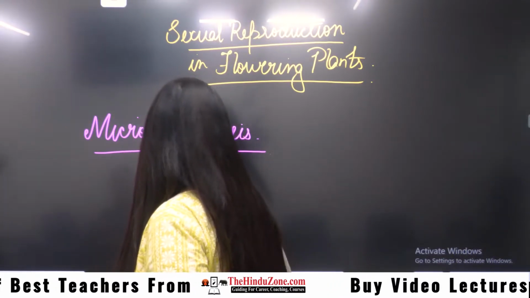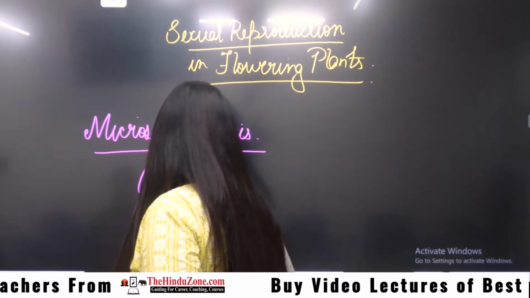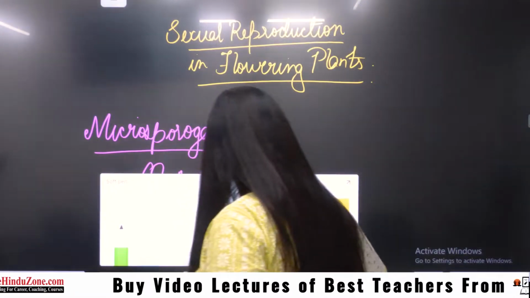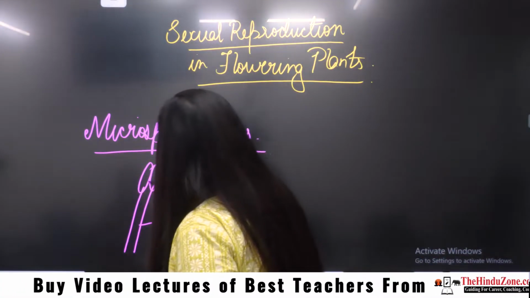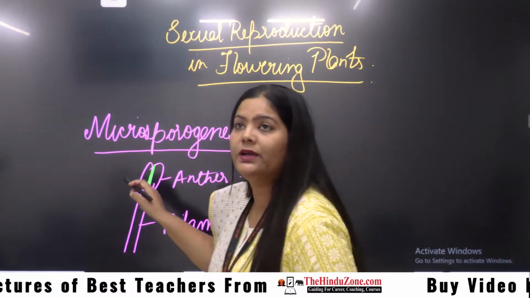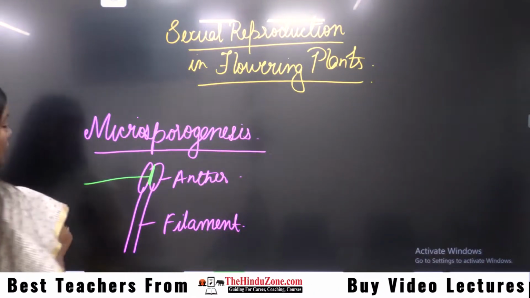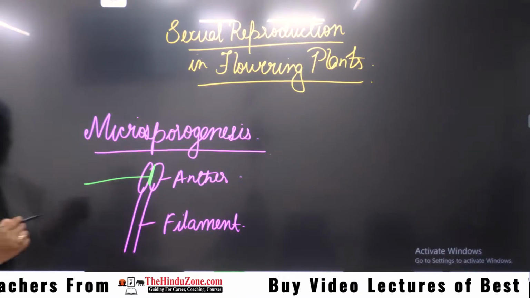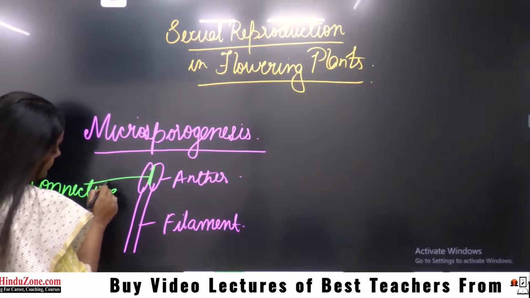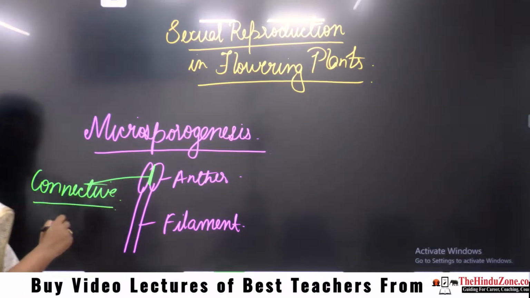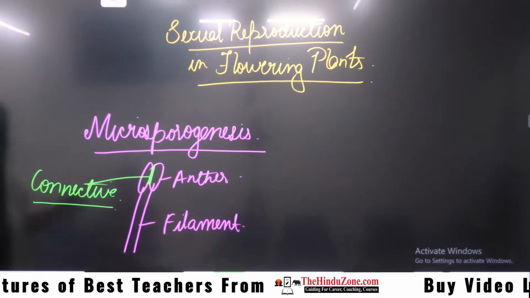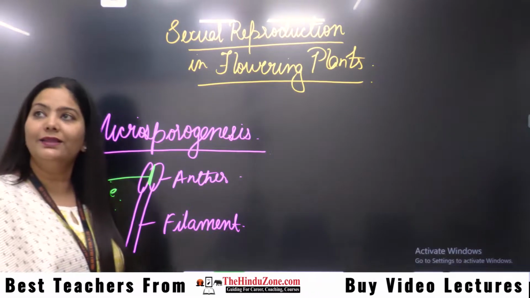Revise it all again so that if you have any confusion you can get through it. This is a bilobed anther, and this part with green which I am showing is called the connective, which is joining these two lobes of the anther.